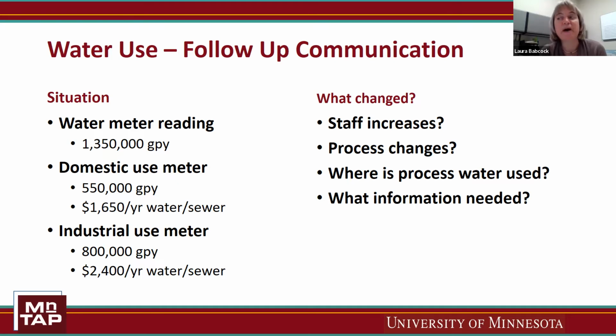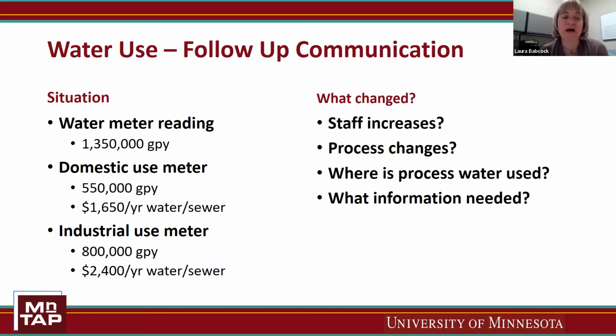Their domestic use based on a meter is about 550,000 gallons per year, so a little less than half of the 1.35 million gallons is for domestic use. And the cost there is about $1,600 per year for water and sewer on the domestic side.